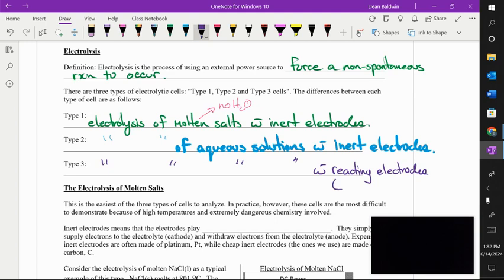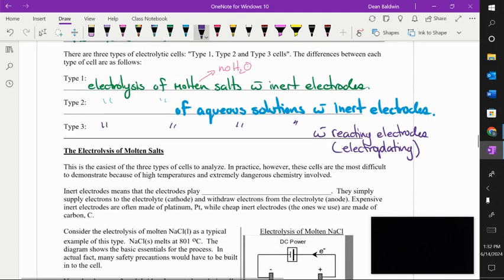This is where we do our electroplating. Okay.